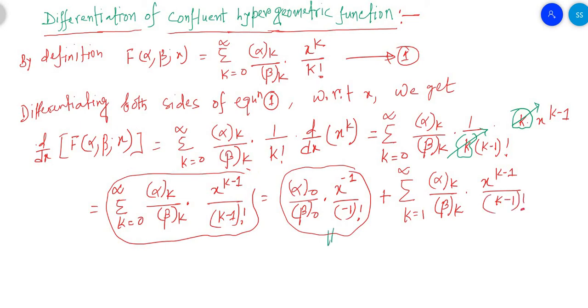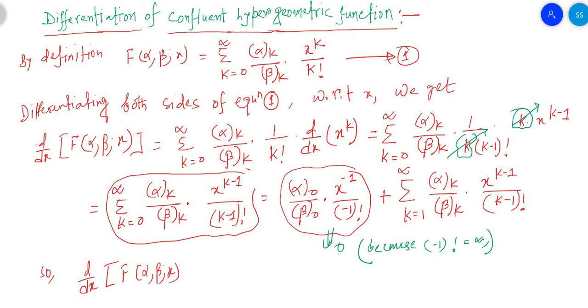This first term is going to be 0 because (minus 1) factorial is equal to infinity. So d/dx F(alpha; beta; x) is equal to summation k equals 1 to infinity (alpha)_k over (beta)_k into x to the power k minus 1 over (k minus 1) factorial.